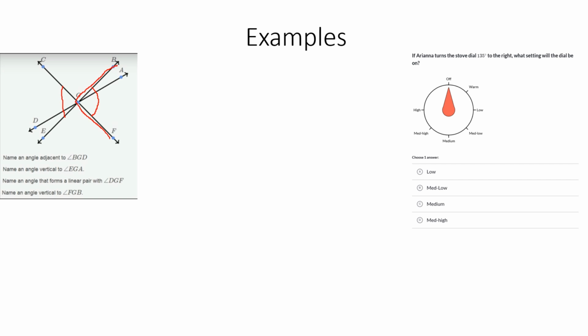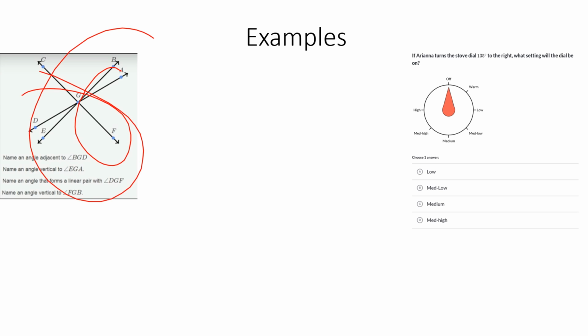It seems like C, G, E, or CGE, however you want to say it, with a little line on it. Now we're done with this whole big example.